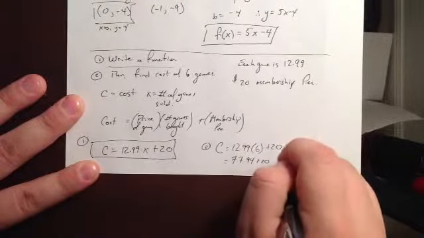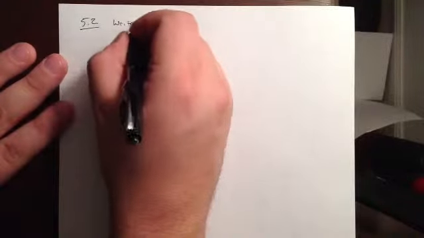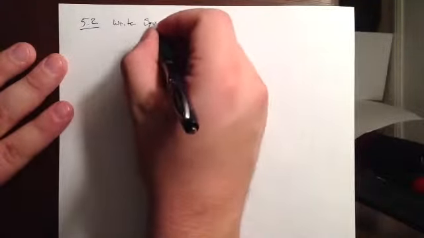The questions from section 5.2 on the review. This time I gave points and slopes, and we're going to try to write equations in slope-intercept form as before.